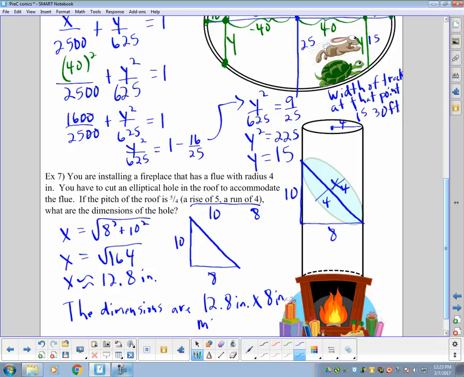So this is the major axis, and this is the minor axis. And then your elliptical hole will accommodate that flue that's hitting it at an angle, coming on through the roof at an angle.